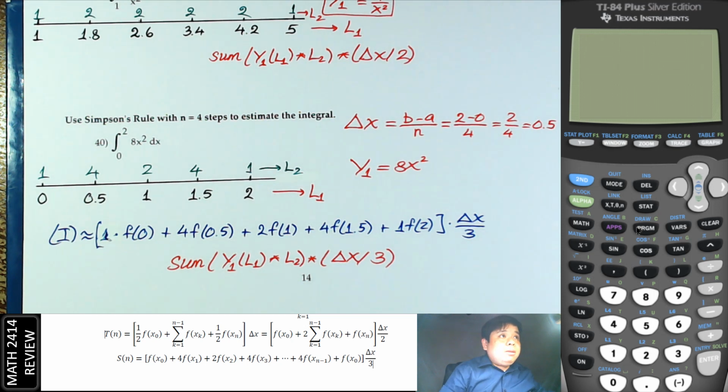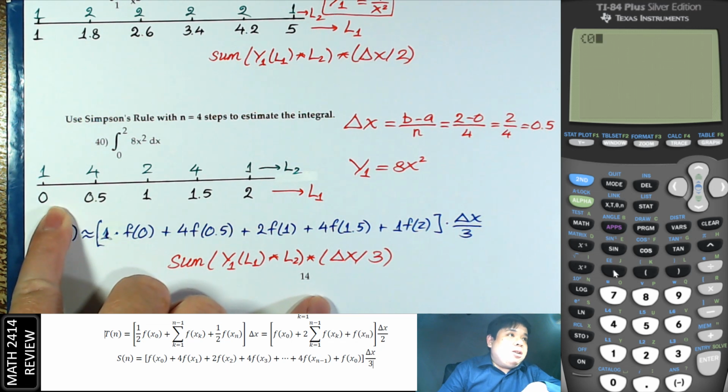Now this time I'm just going to store 0, 0.5, 1, 1.5, and 2. Close that, store into list 1.